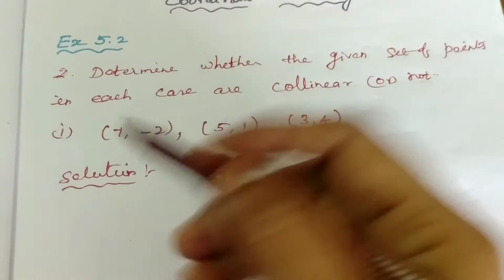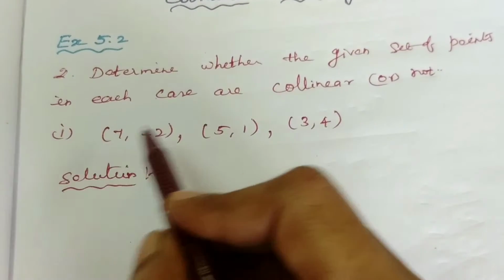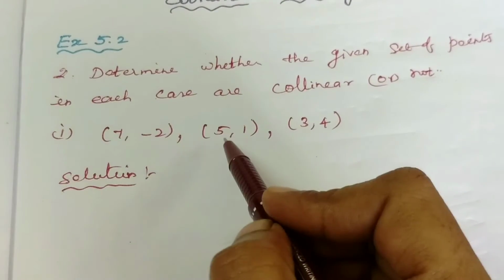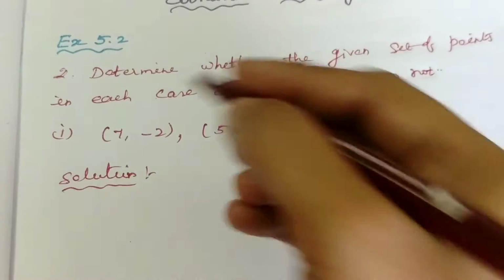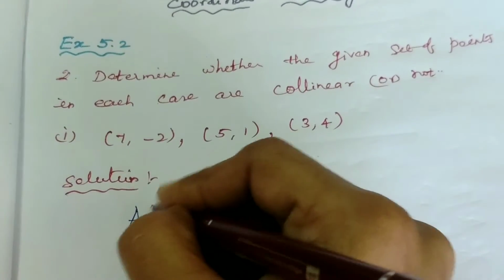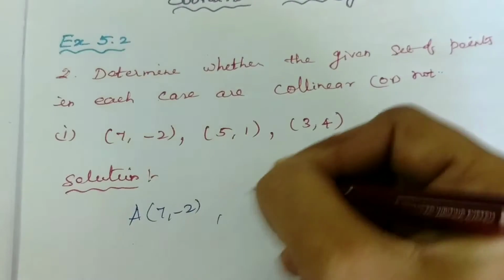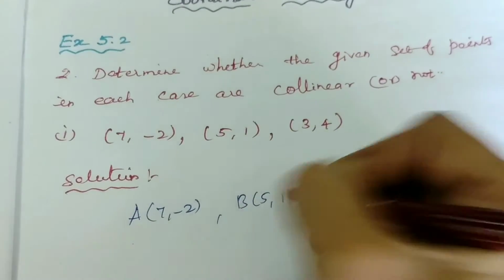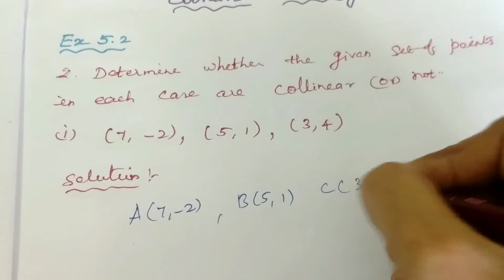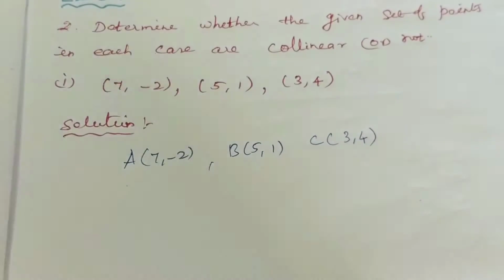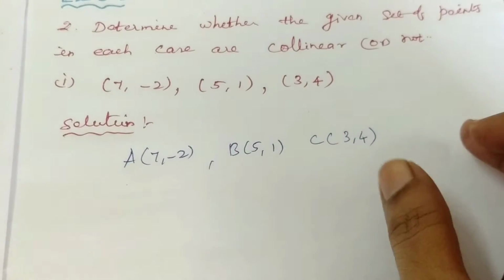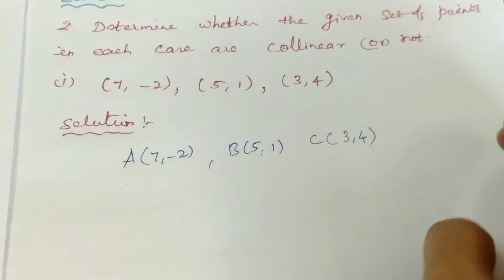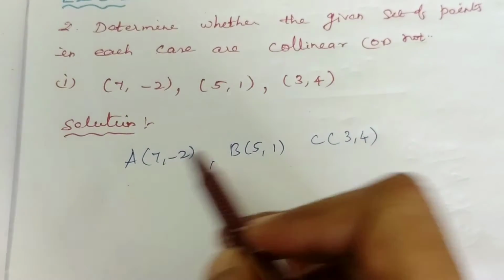Our first question is given 3 points (7, -2), (5, 1), (3, 4). Name the first point as A (7, -2), B point is (5, 1), C point is (3, 4). Our procedure is to find the distance between every pair of points.